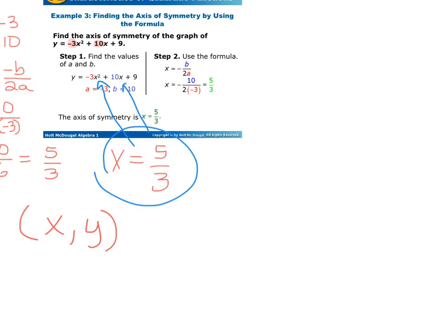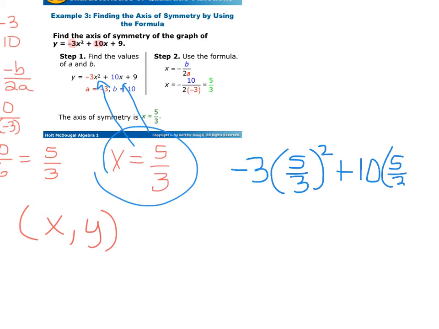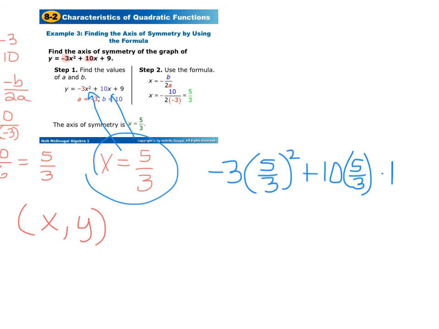For example, you would do negative 3 times 5 over 3 squared plus 10 times 5 over 3 plus 9. And then follow order of operations. Because this is y equals, that would give you the ordered pair. So that's where you're going to find the vertex.